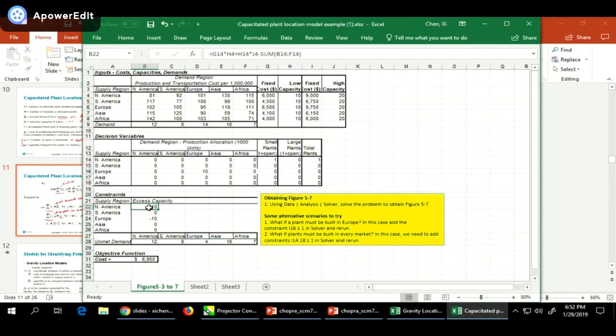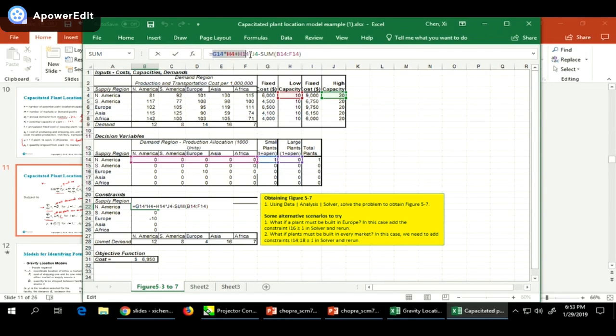And then for the capacity constraints, we require that the left-hand side is Ki multiplied by Yi.